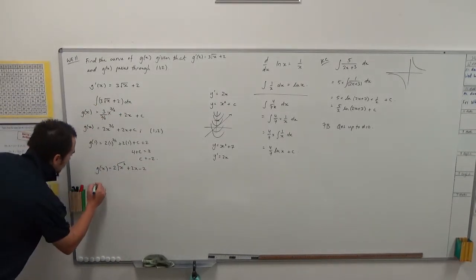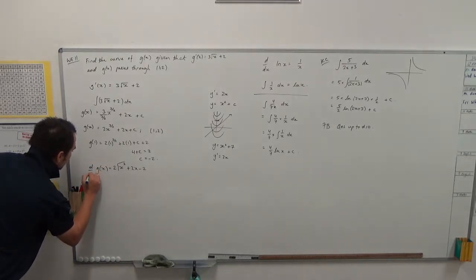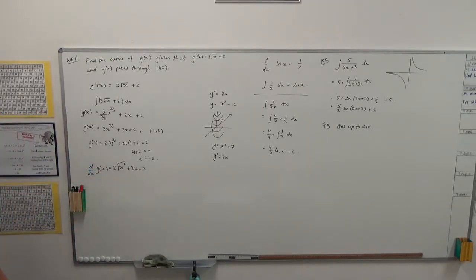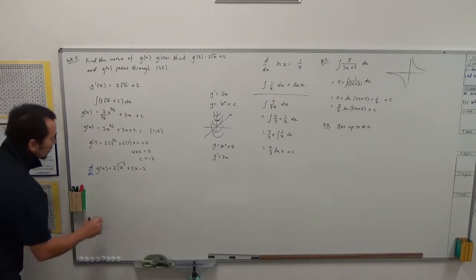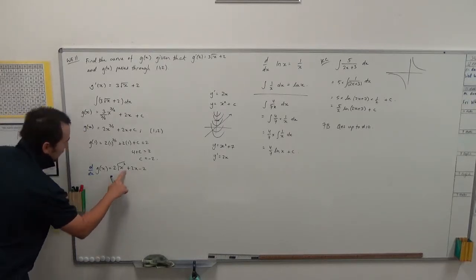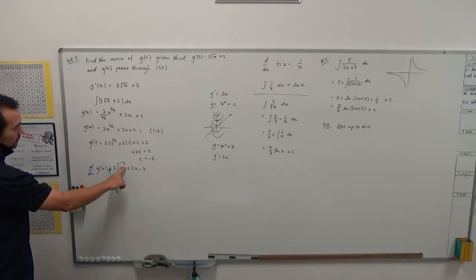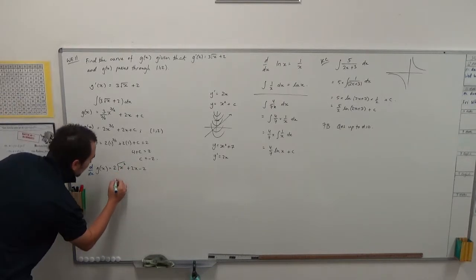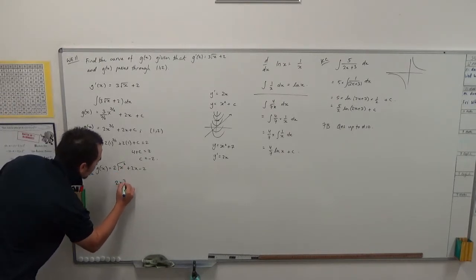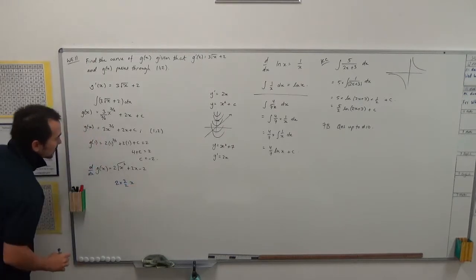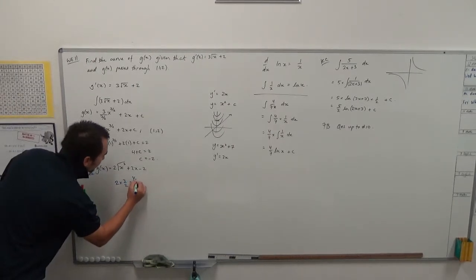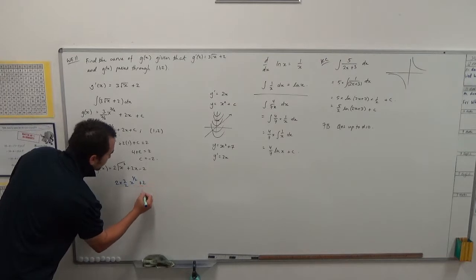Let's do it. So deriving the function g of x, that power is 3 on 2, so bring down the power. 2 times 3 on 2 times x to the power 1/2 plus 2.